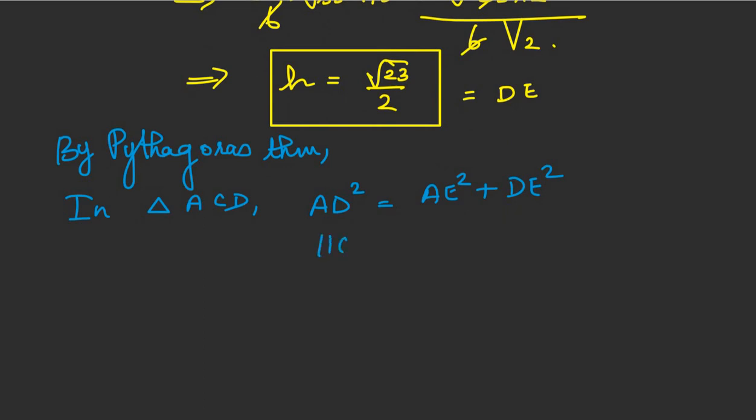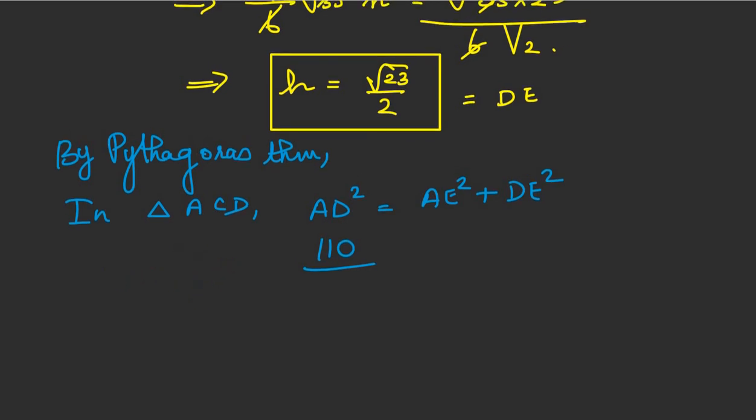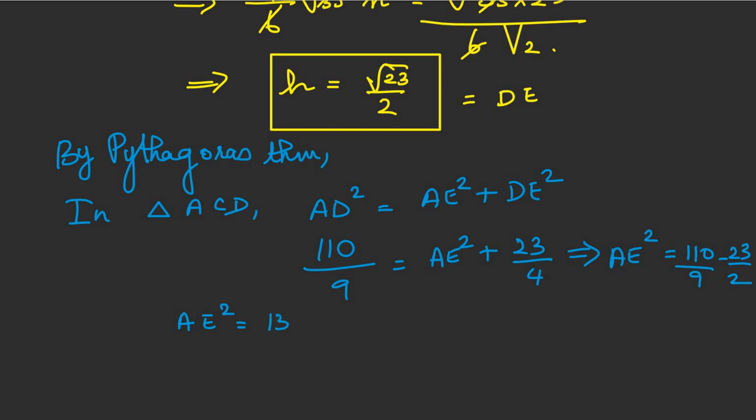So AD is root of 110 divided by 3, and squaring we get 110 divided by 9, which is equal to AE squared plus DE squared. The DE value is given to us as root 23 by 2, so DE squared is 23 divided by 4. This implies AE squared is equal to 110 divided by 9 minus 23 divided by 4, which gives us AE squared is equal to 13 divided by 18, which implies AE is equal to root of 13 by 18.